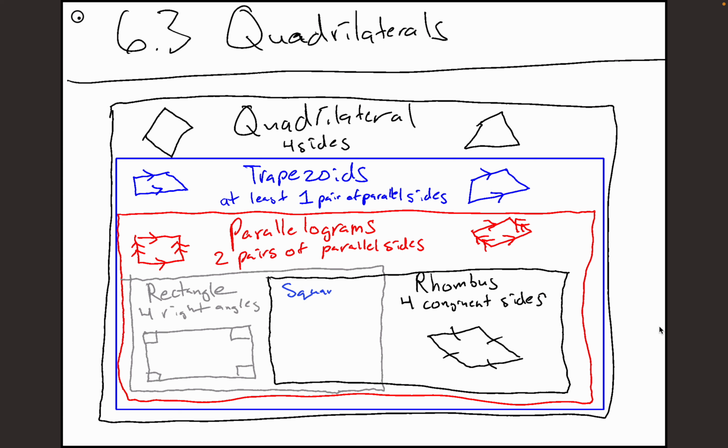And you guys figured out what's in the middle, squares. Okay, and it's both four right angles and four congruent sides. Okay, do we have any questions about this?